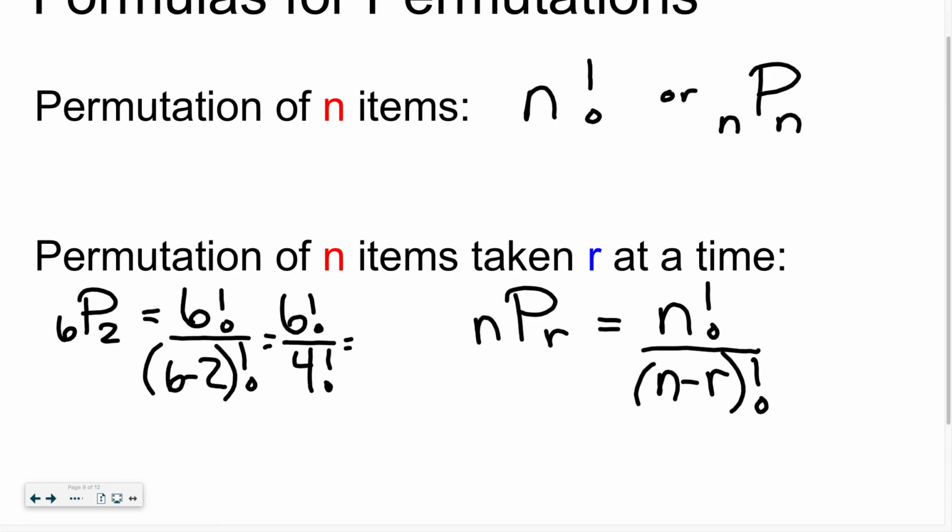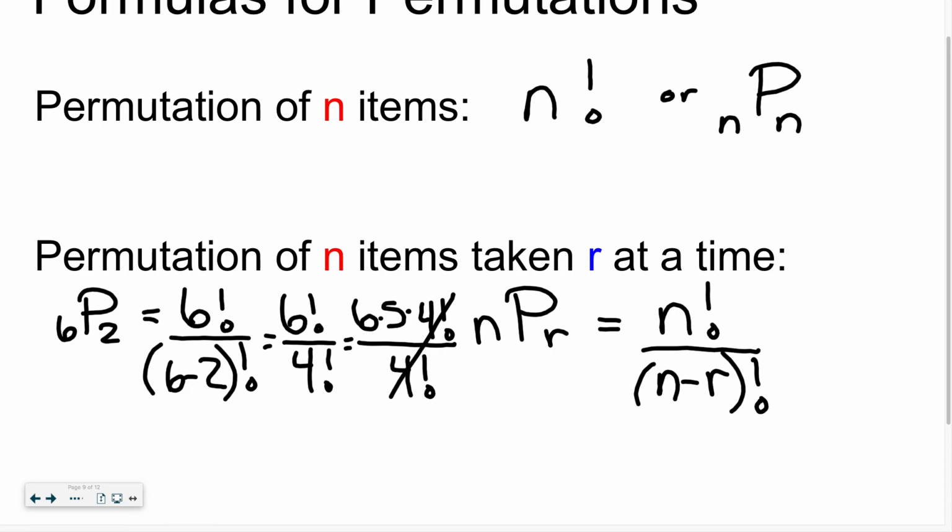And isn't 6 factorial 6 times 5 times 4 times 3 times 2 times 1, which I'm going to write as 6 times 5 times 4 factorial. What happens to your 4 factorials? They cancel out. And didn't we say a permutation of 6 pick 2 was just 6 times 5? Yeah. So it's doing that work for you.